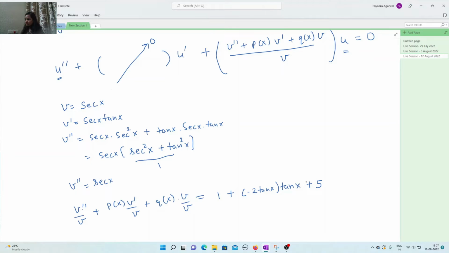Right? So this is what we got, 6 minus 2 tan square x.